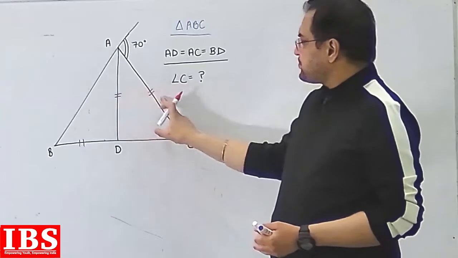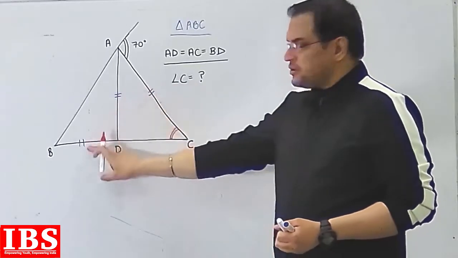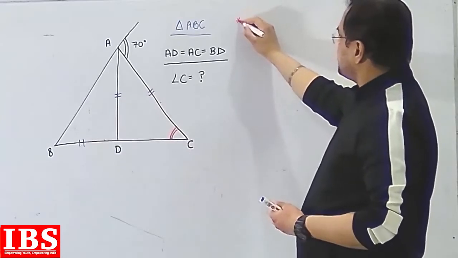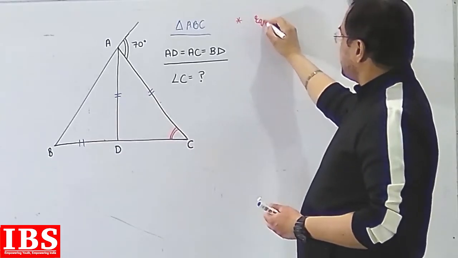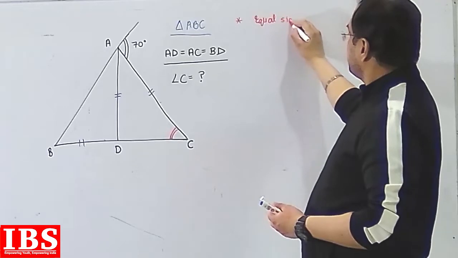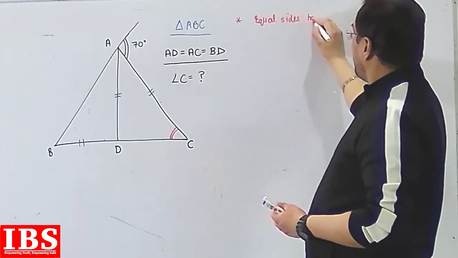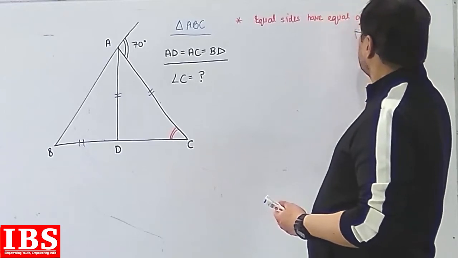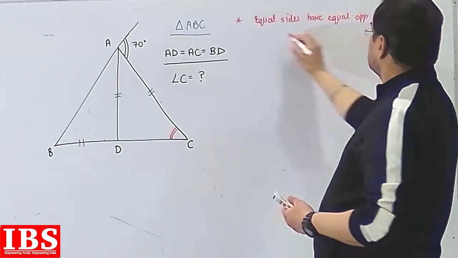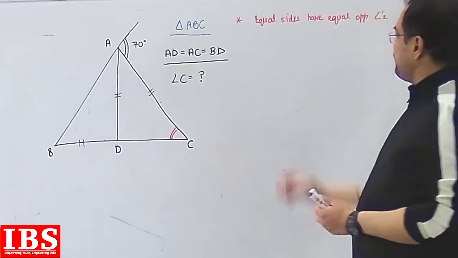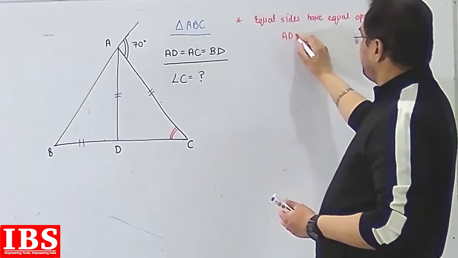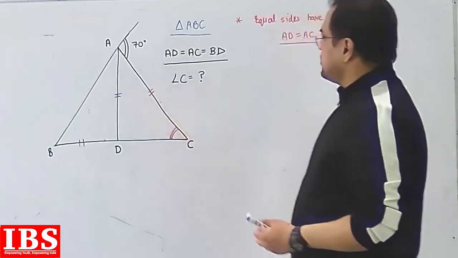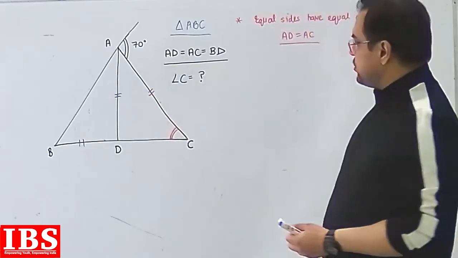We'll start with this. The two sides are equal. Here also the two sides are equal. So we start with the first property, that equal sides have equal opposite angles. That means if AD is equal to AC, these two sides are equal, that means their opposite angles are also equal.